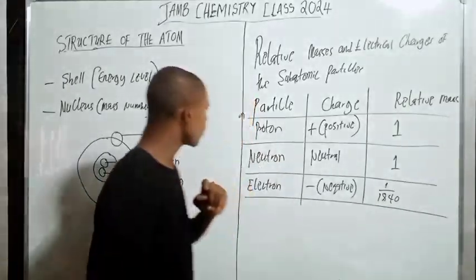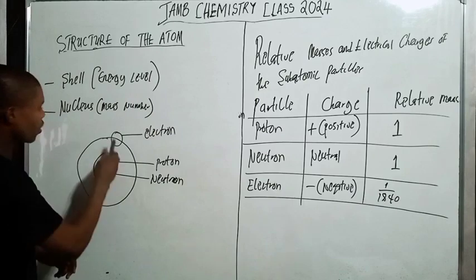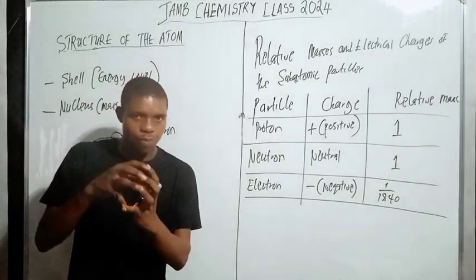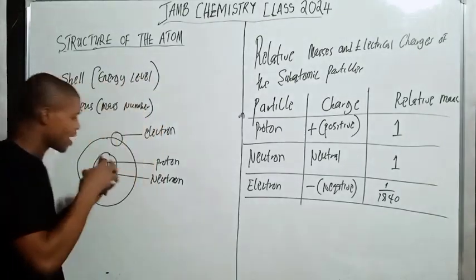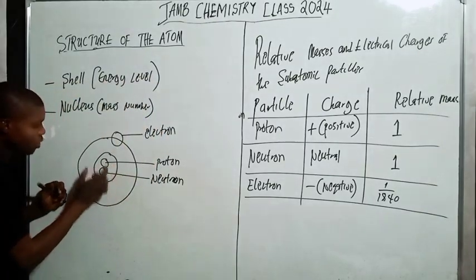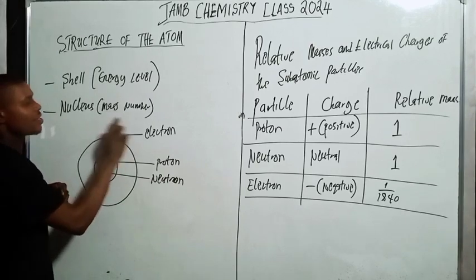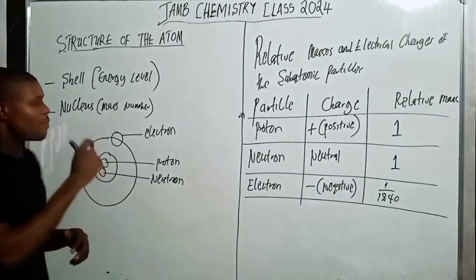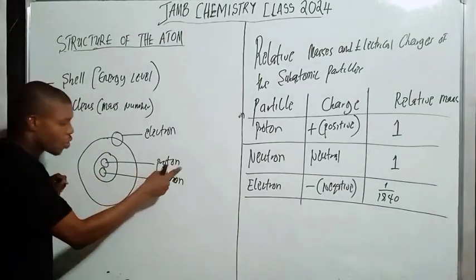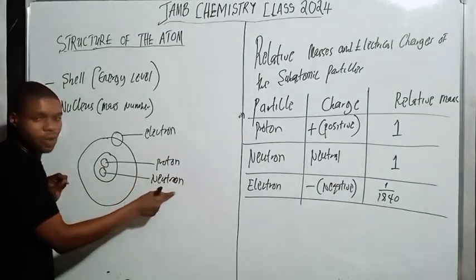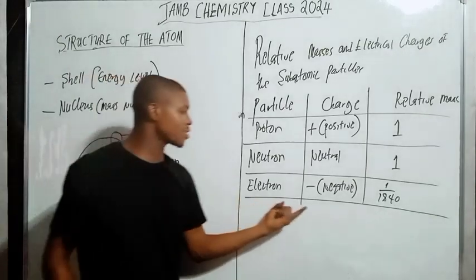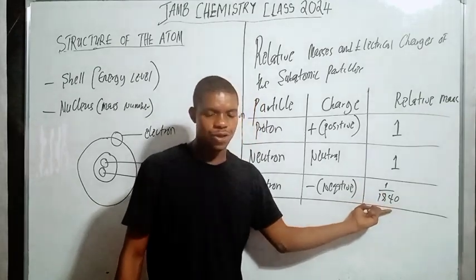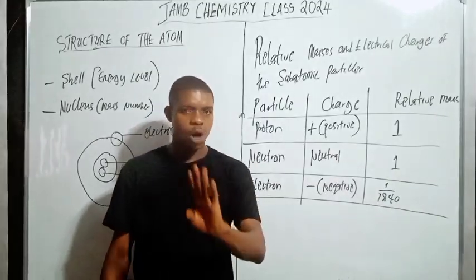If you look at the atom again, where is the mass of the atom contained? The mass of the atom is centered at the nucleus. That's why it's called the mass number: the nucleus contains the proton and the neutron, and the mass of the electron is extremely small because it's 1 over that number.